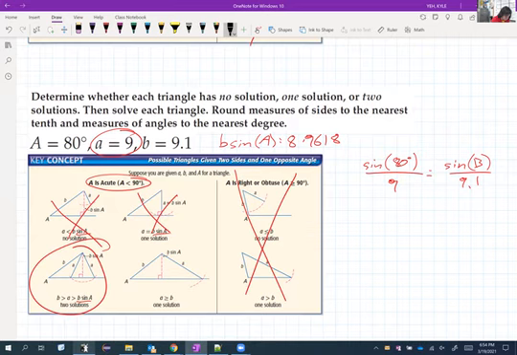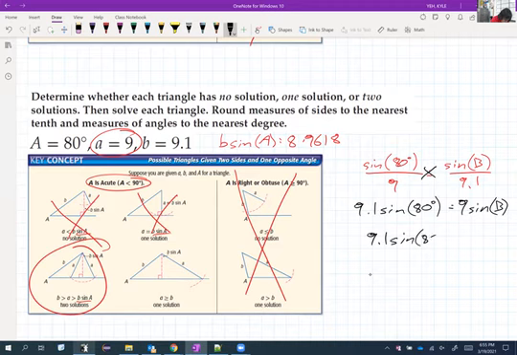Let's cross multiply. So 9.1 sine of 80 degrees is equal to 9 sine of angle B. Divide by 9 on both sides. So 9.1 sine 80 divided by 9 is equal to sine B. I'm going to need to inverse sine both sides.